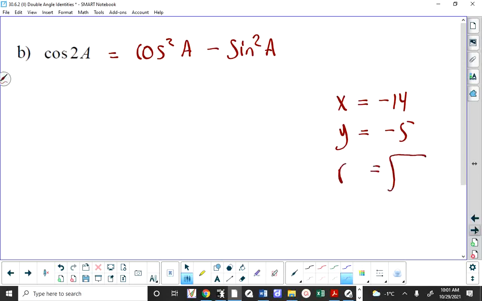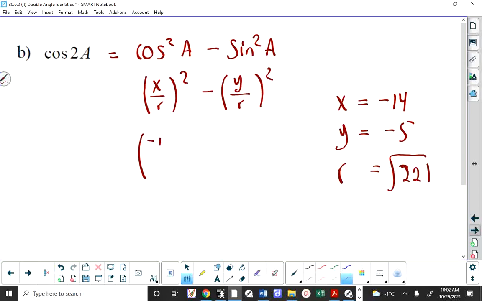I'm pretty sure these were the values of x, y, and r. Yes. So cos is x over r. Sine is y over r. So we would take negative 14 over root 221 squared minus negative 5 over root 221 squared.